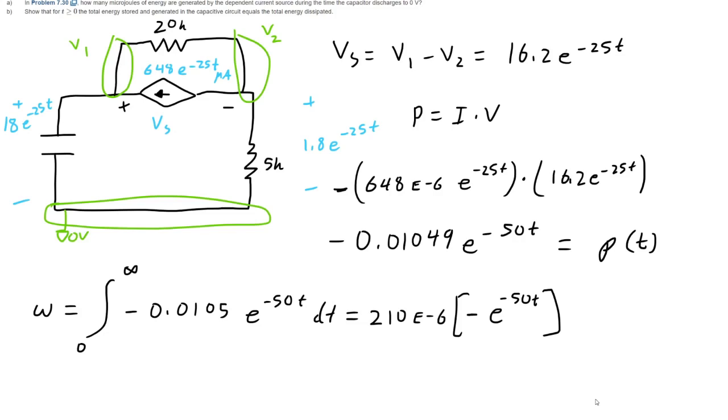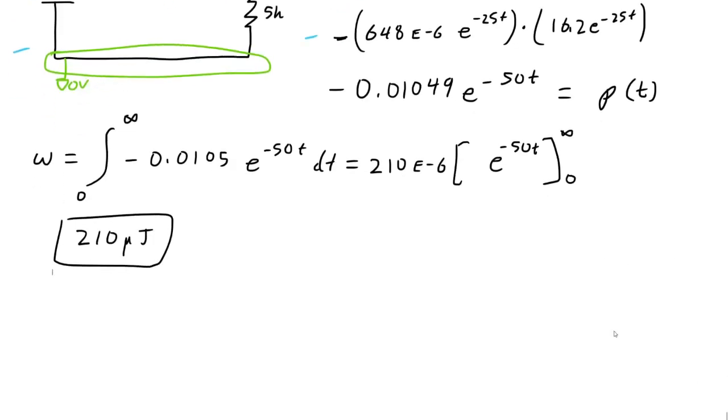Yeah, so the minus signs are going to cancel. I think. Yeah, so it's going to become plus. That's going to be from infinity to 0. So that means that the work is 210 microjoules, since at infinity it's going to be 0, and at 0 it is 1.